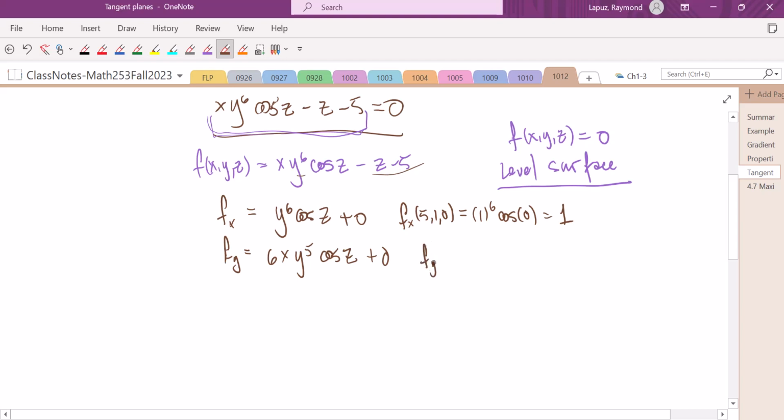And so we want to put in (5, 1, 0) into the function. We're going to put 5 in for x, 1 in for y, and 0 in for z. And it looks like we will get 30.